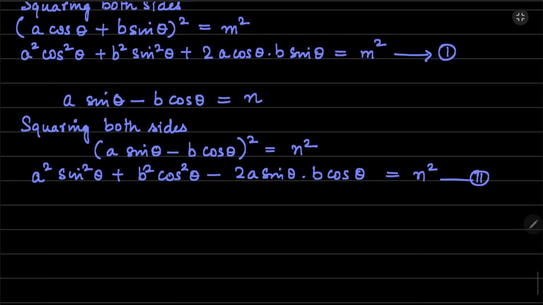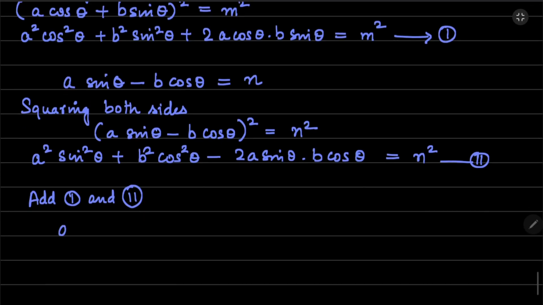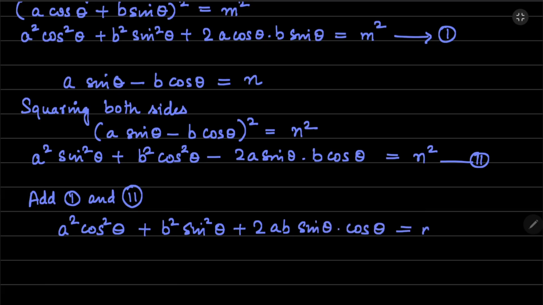Okay, now let us add equation 1 and 2. So when you add them, what is equation 1? A square cos square theta plus b square sin square theta plus 2ab sin theta cos theta is equal to m square.